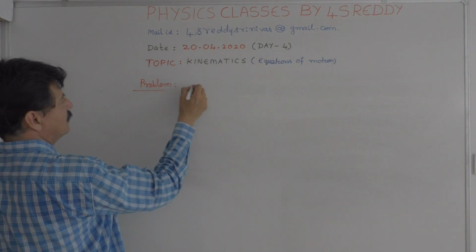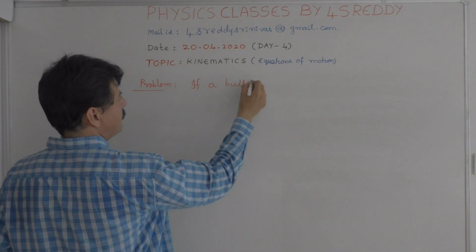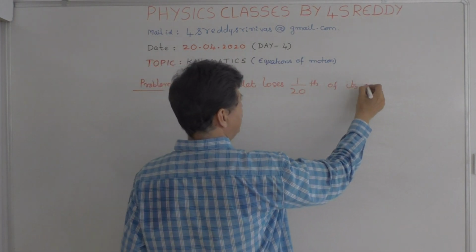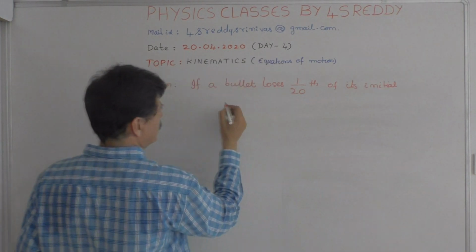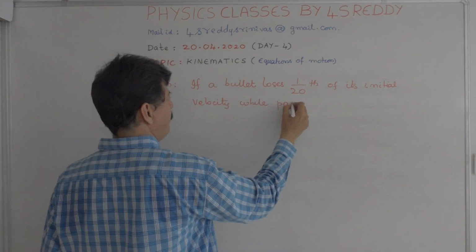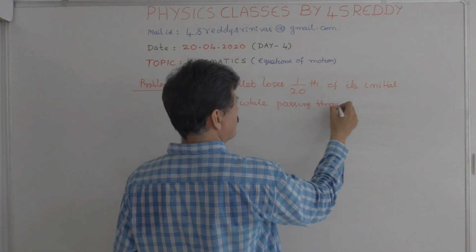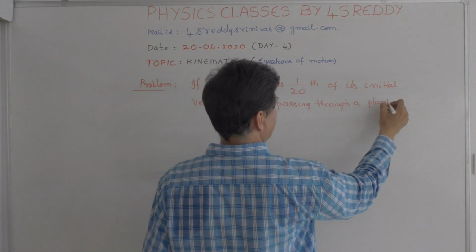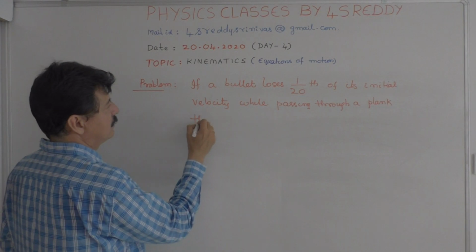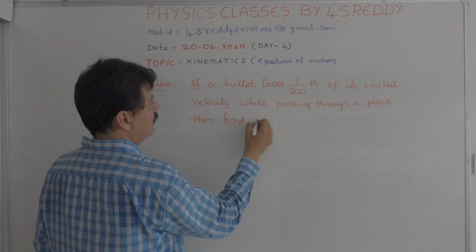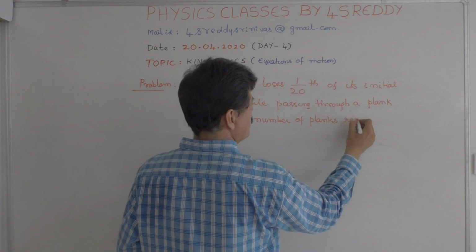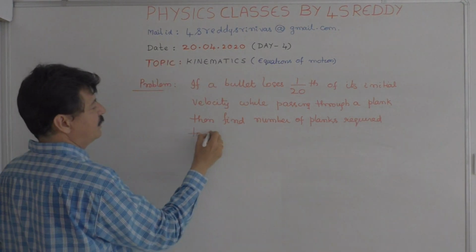Suppose you are given, if a bullet loses 1 by 20th of its initial velocity while passing through a plank, then find the number of planks required to stop the bullet.